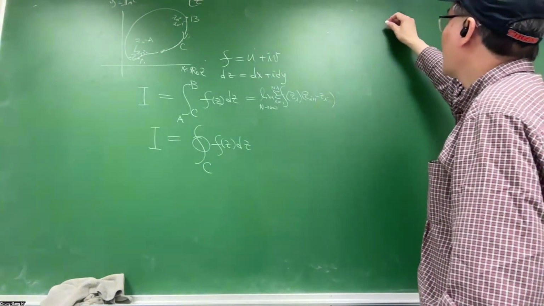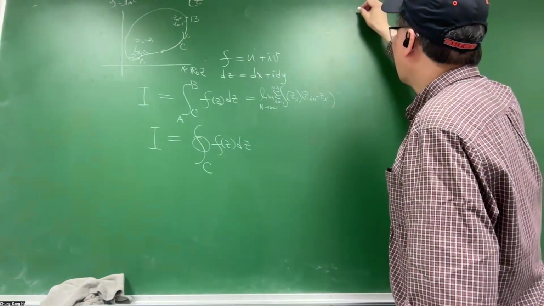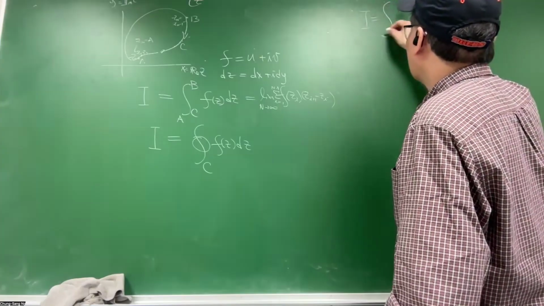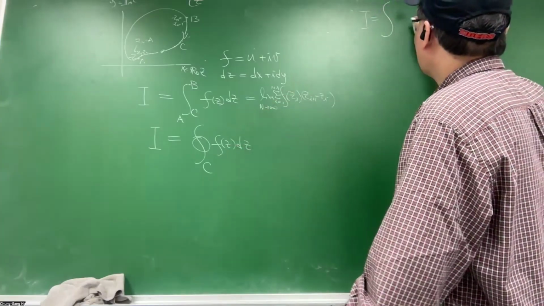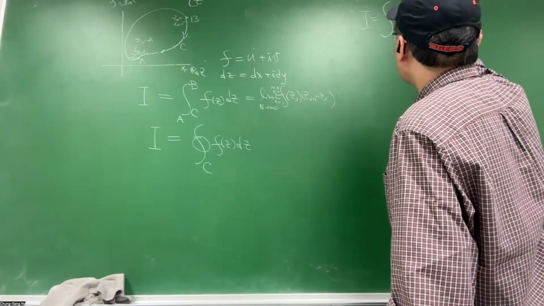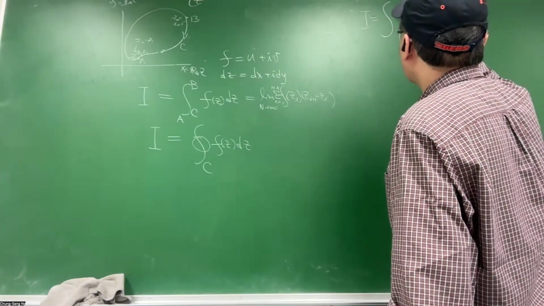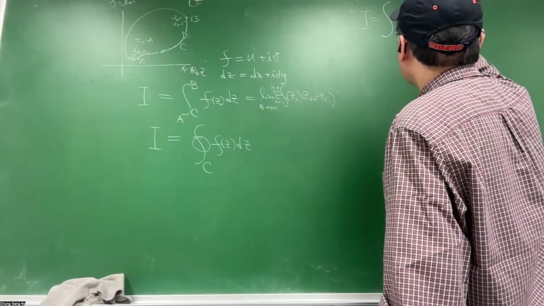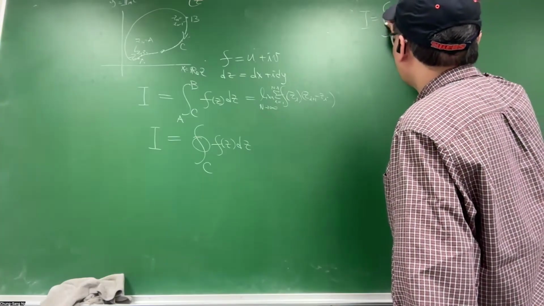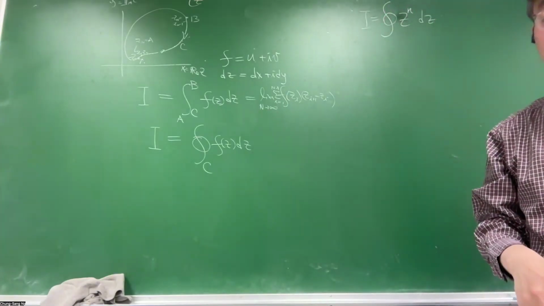So let's start from here. It's just evaluate this integral. Now this f is chosen to be z to the power n, and dz. I'm going through a loop, right?